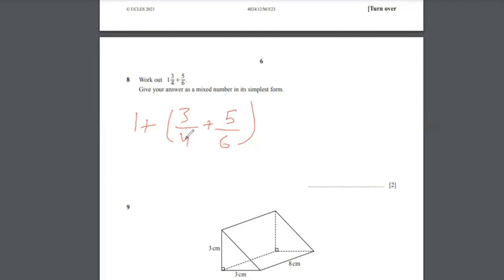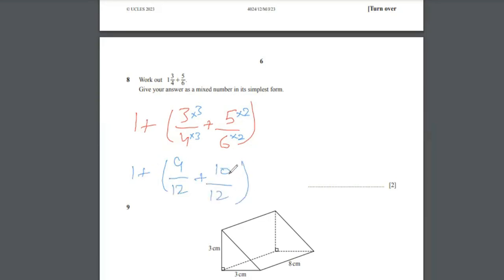Okay. And this is 4, this is 6. We can make the denominator same by multiplying it with 3 on both sides and multiplying it with 2 on both sides. We'll have 12 at the denominator, and this will be 9 over 12 plus 10 over 12.